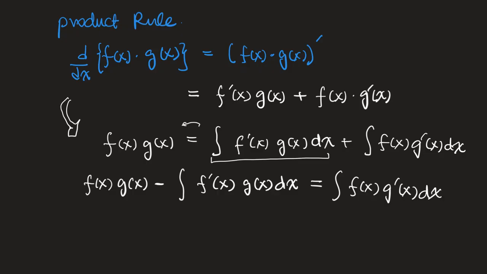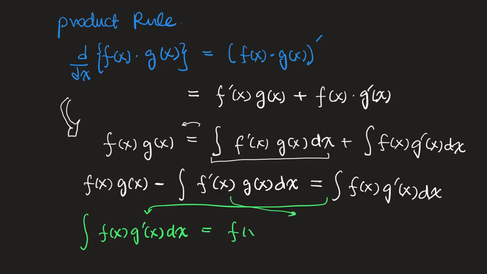Now I'm going to exchange left side and right side, so you see integral f(x) g prime x dx equals f(x) g(x) minus integral g(x) f prime x dx.